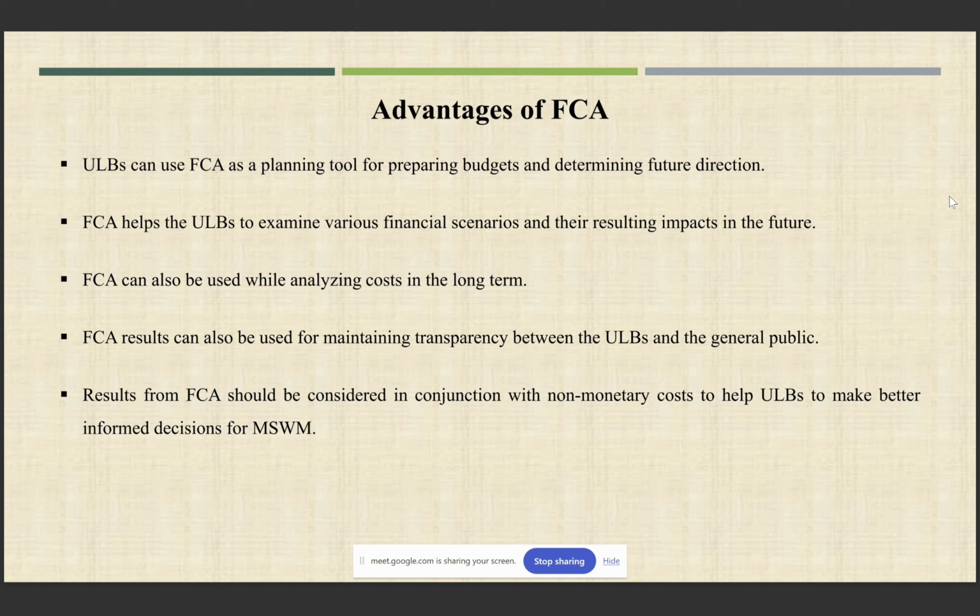It can also be used to analyze the cost in the long term, and it can also be used for maintaining transparency between the urban local bodies and the general public. And the results from the FCA can be used to make more informed decisions.